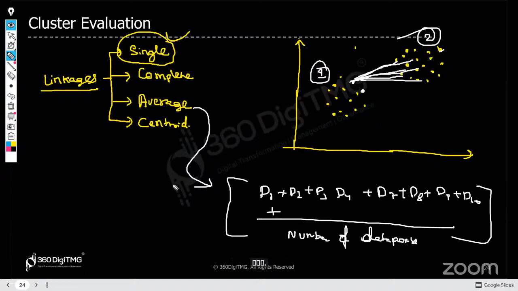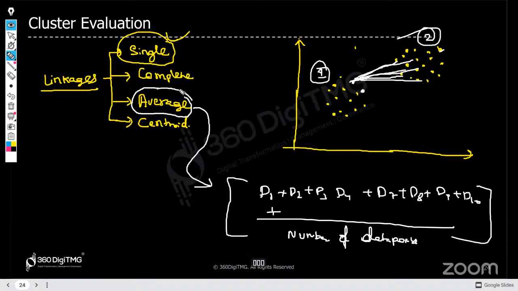What we have done is find the distance of one data point with all the other data points present in the scatter plot, and then divide by the number of data points. This gives you average linkage.